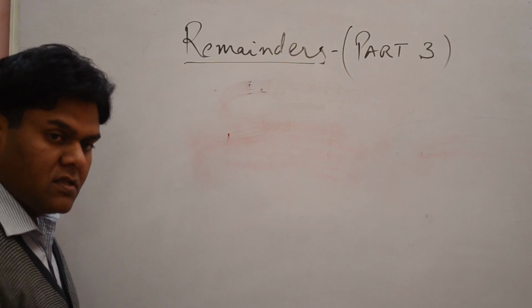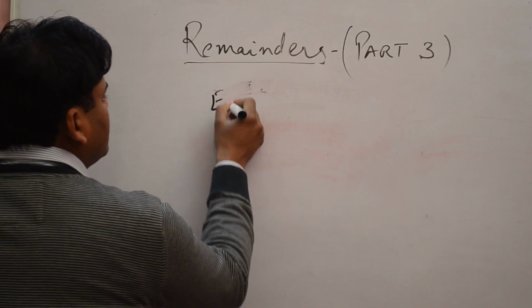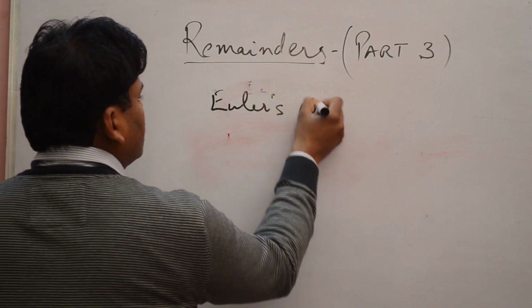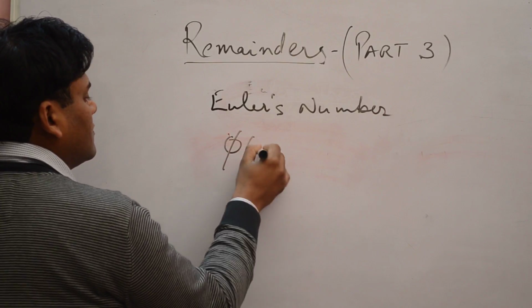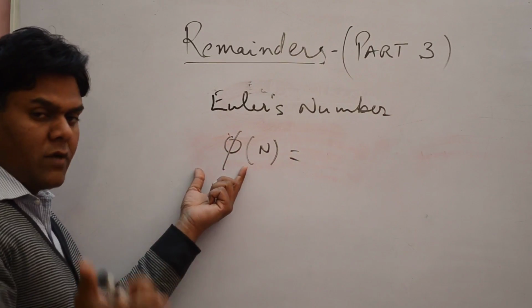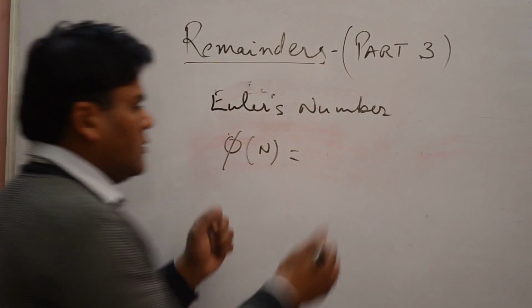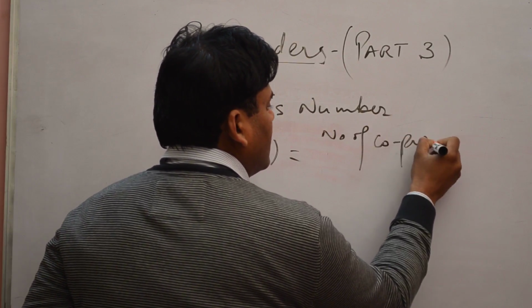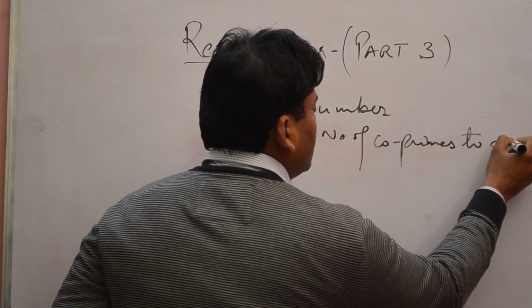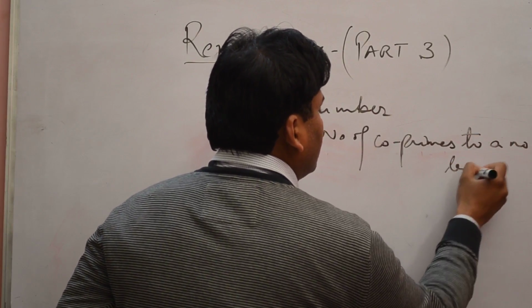Have you heard of a concept which says, this is just a symbol to calculate Euler's number. So if I say number of coprimes to a number less than the number.